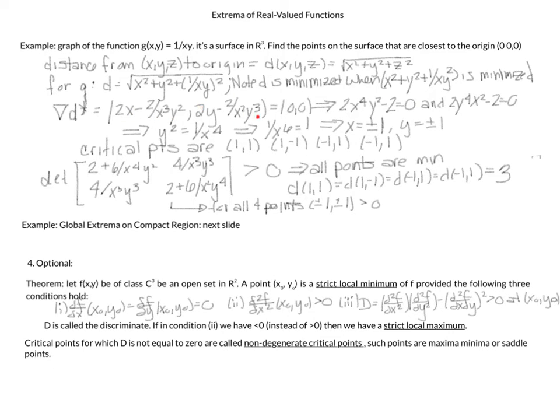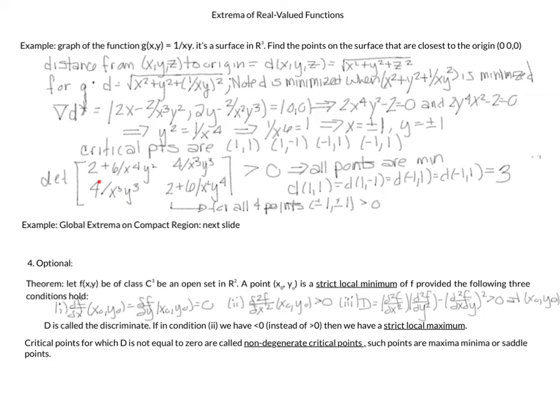Similarly, multiplying everything by x squared y cubed, I'm going to get 2y to the fourth x squared minus 2 equals 0. And what that gives me is y squared is equal to 1 over x to the fourth. And then plugging it in, doing some algebra, I'll get 1 over x to the sixth is equal to 1, which implies x is equal to plus or minus 1, and y is equal to plus or minus 1. It will give us these 4 critical points.